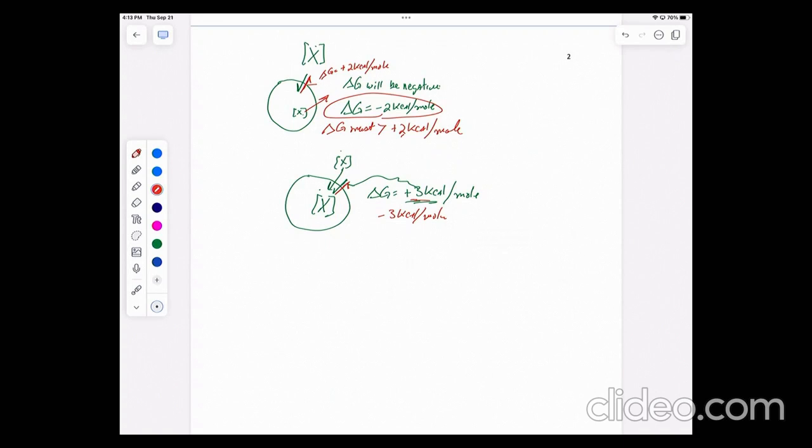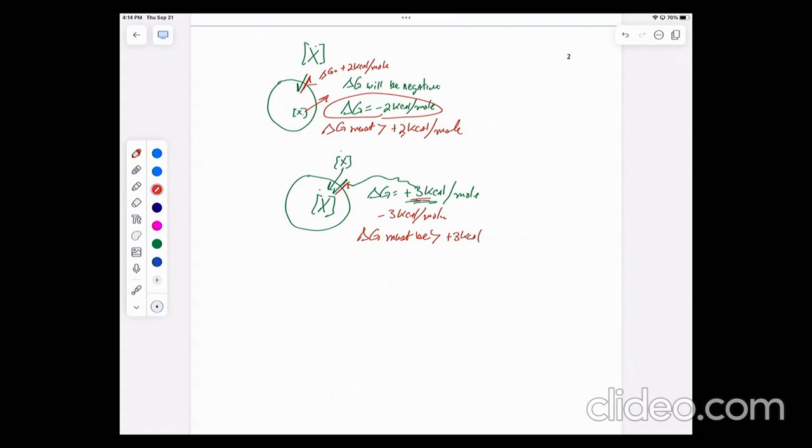So then the question is, how much energy would I have to put into this system such that I'm driving X into the cell? And again, the answer is delta G must be greater than positive 3 kilocalories.